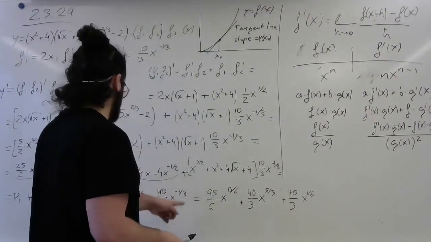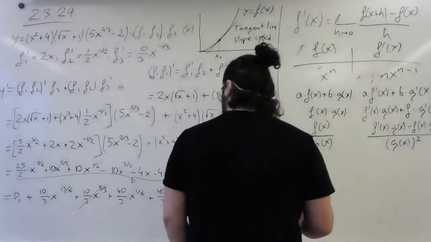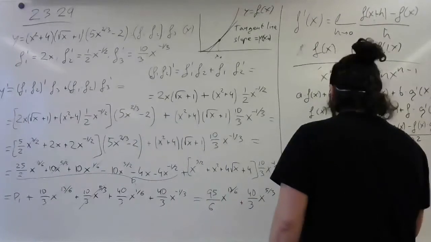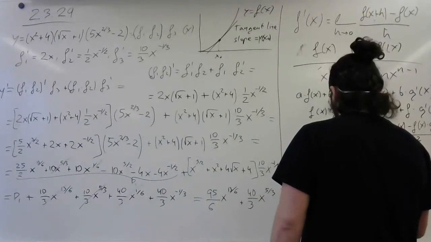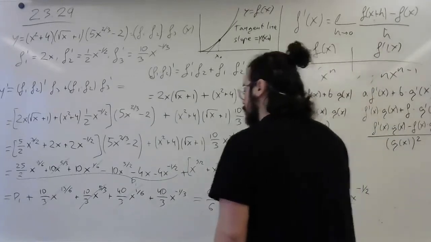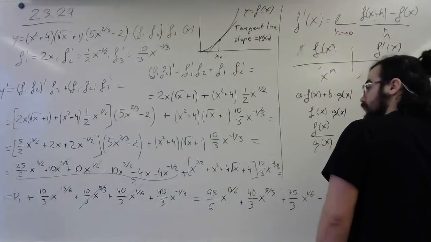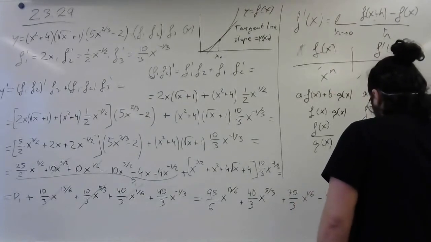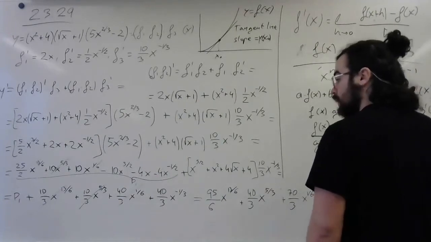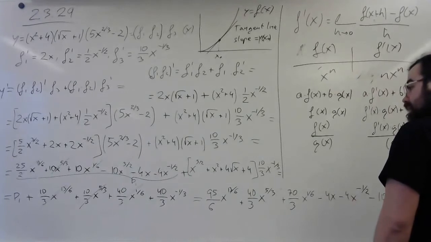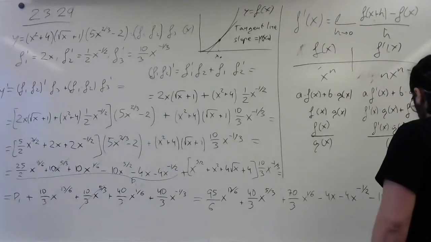Now we have these monomials that look a bit weird, but we have minus 4x, we have minus 10 and plus 40/3 of x to the power minus 1/3.